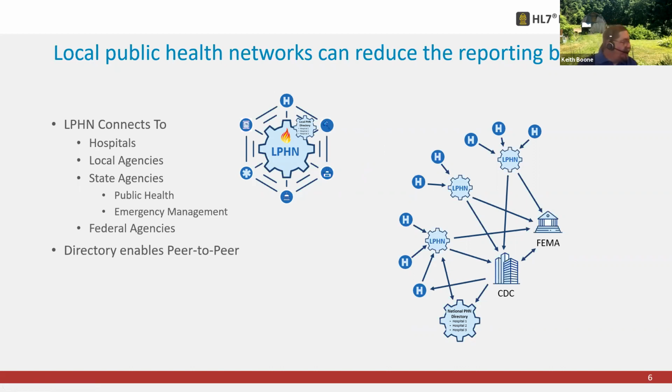An example of where this is being done right now is in the city of Chicago, where Rush Medical and the Chicago Public Health Department are actually requesting all hospitals within the city to report their data to the city and designate the city as being the hospital's authorized agent for reporting this data to FEMA and CDC.